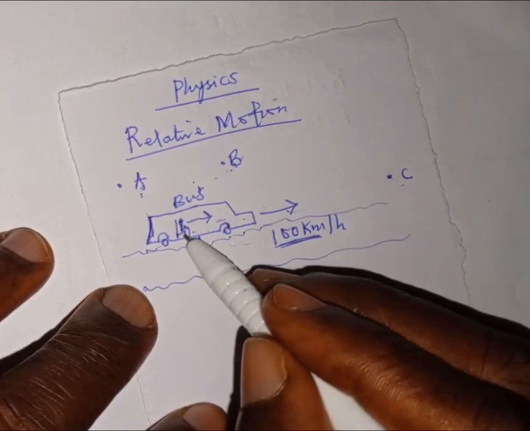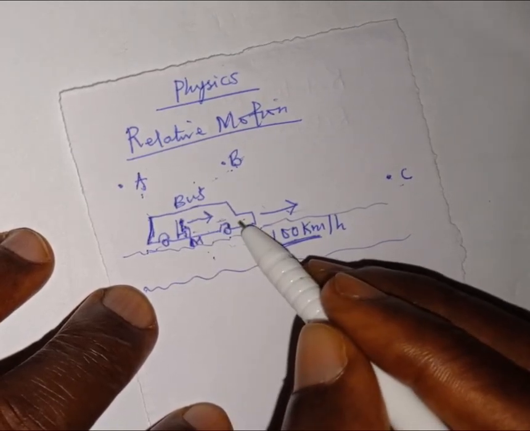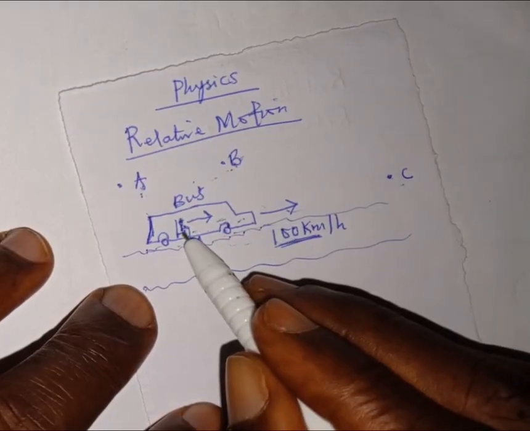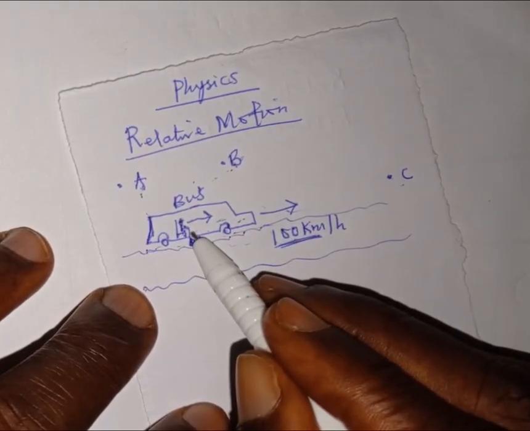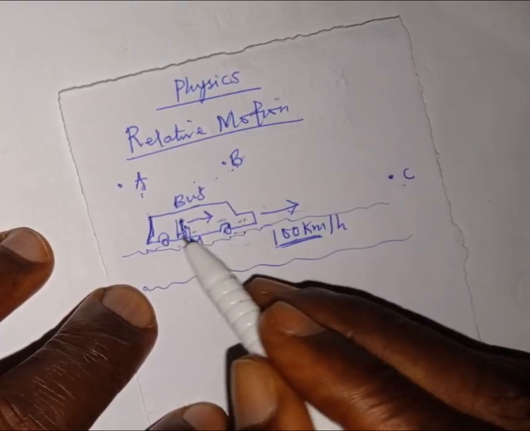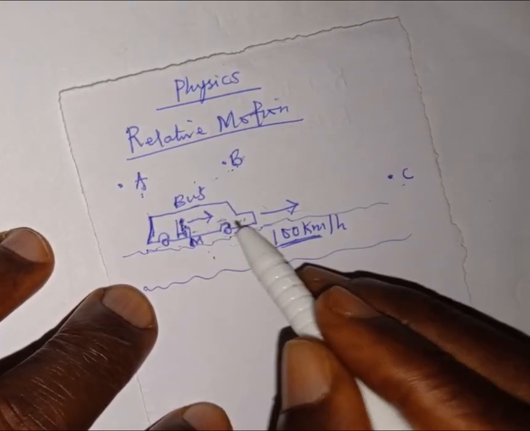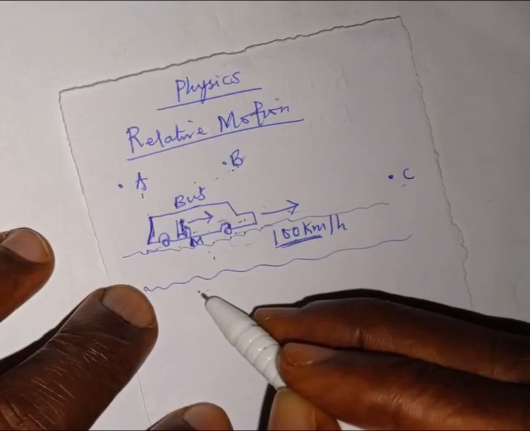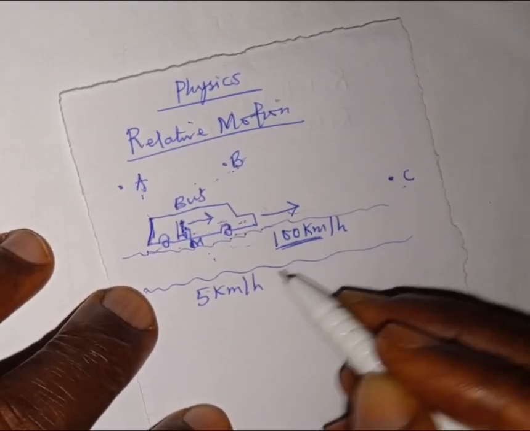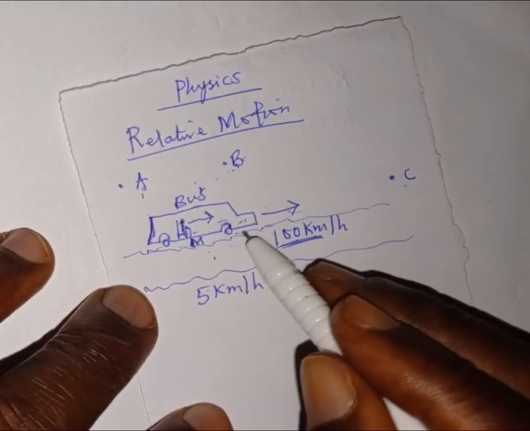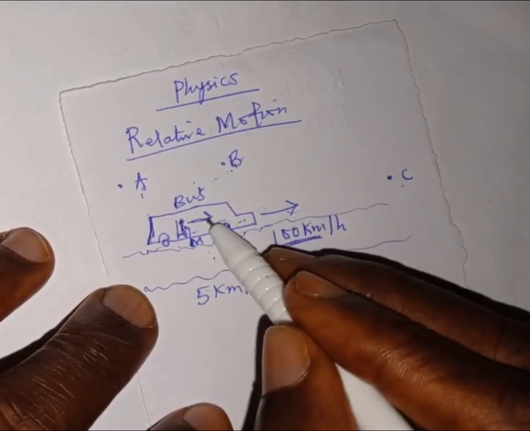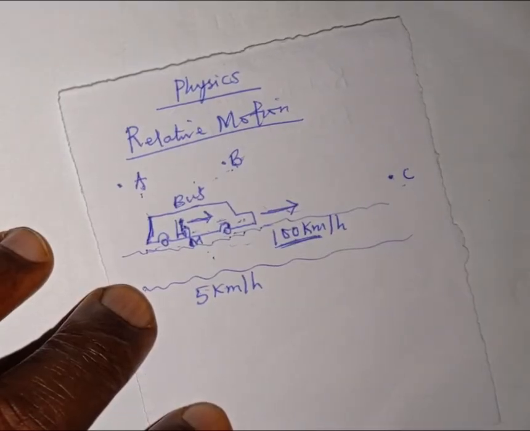So if this guy stands up and decides to move, remember the bus is already moving, so his own movement is now another motion. Let's assume his movement is 5 kilometers per hour towards the same direction, and the bus is also moving this way.